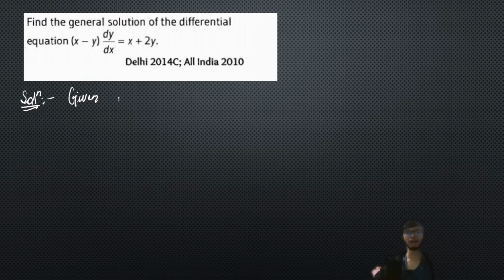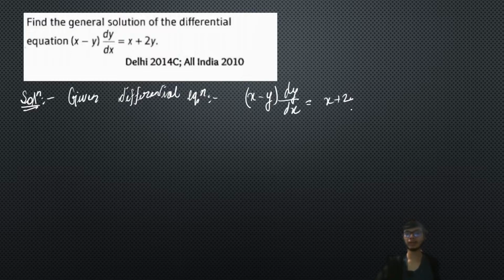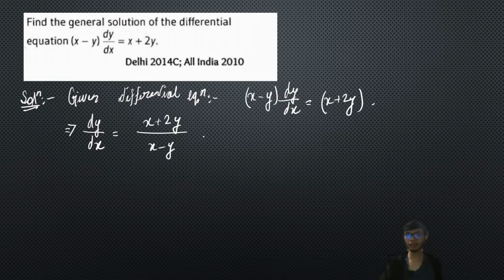So first of all I will write the given differential equation over here. Our given differential equation is (x minus y) times dy upon dx equals x plus 2 times y. If we look at this differential equation, it can be easily written as dy upon dx equals (x plus 2y) divided by (x minus y).